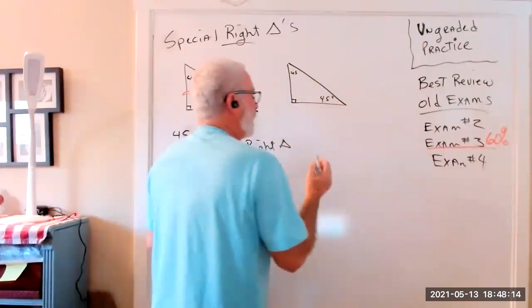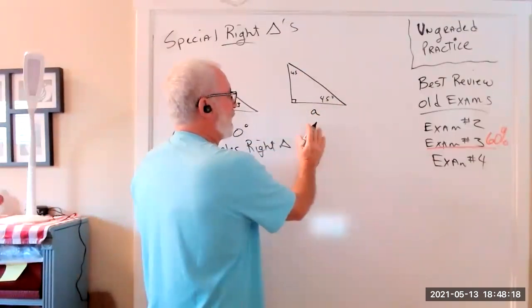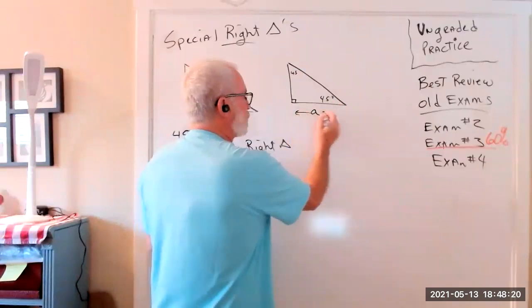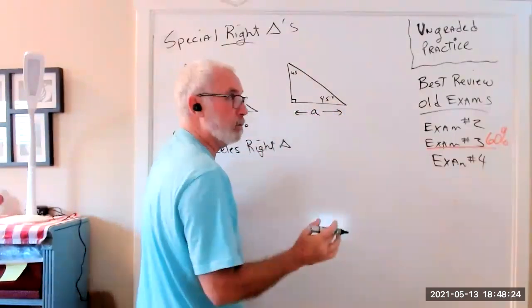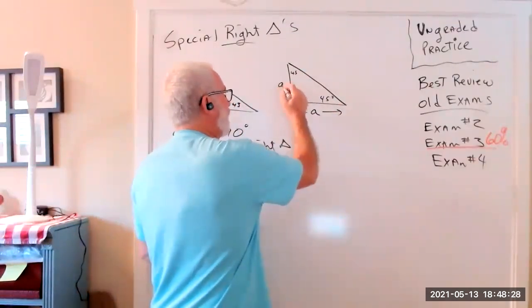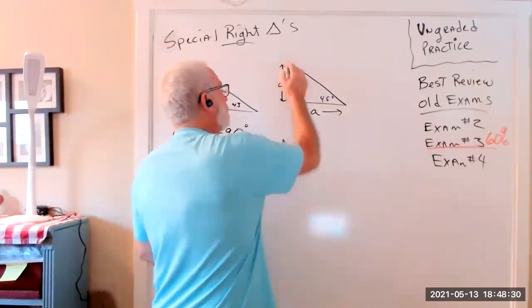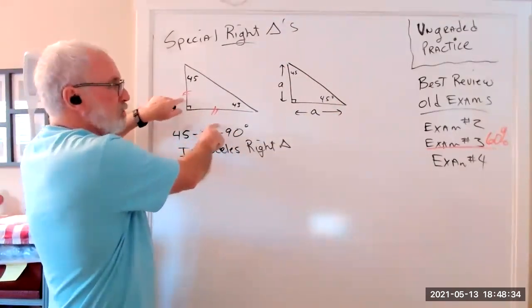then, if this is side A, if this is A units long, and I don't know why everybody uses A, but they do, okay? The letter doesn't matter. This is A, because we talked about them being isosceles, so the two sides are the same.